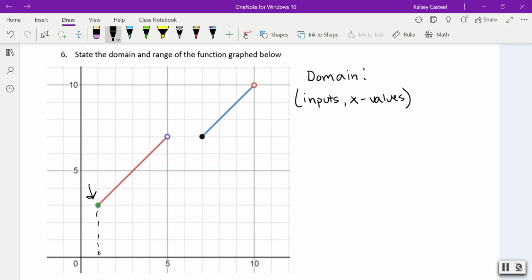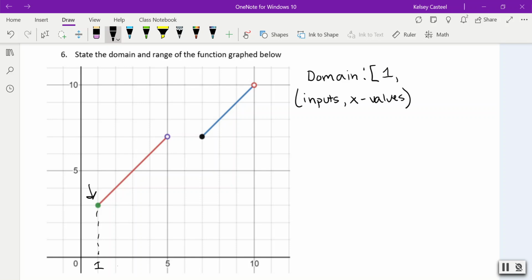If I look at my x-axis and I consider the scale here, this is counting by ones. So the farthest left x value that's being used is 1. And because the dot is solid, I am allowed to use that value. So I would start with a square bracket, positive 1.